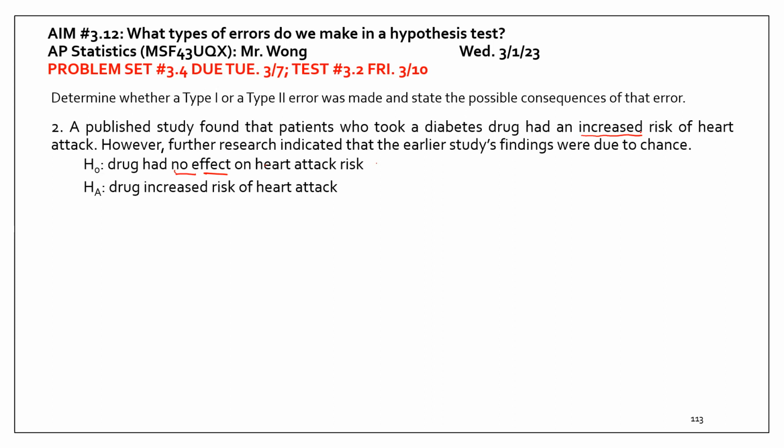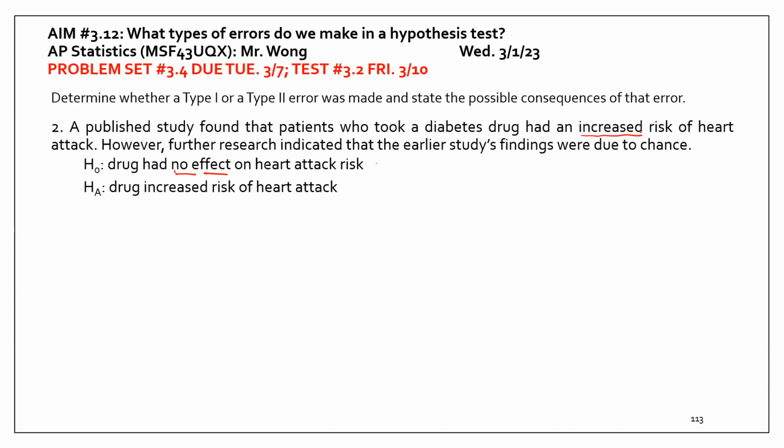So let's see, if we have evidence in favor of the alternative, now let's use the informal language. Is that a positive or a negative? Wait, in favor of the alternative, that would be a positive. Remember, that's like saying that you were healthy, that would be the null hypothesis, but now you're not healthy, so something has changed. So in this case, we have a positive, quote unquote, positive test result.